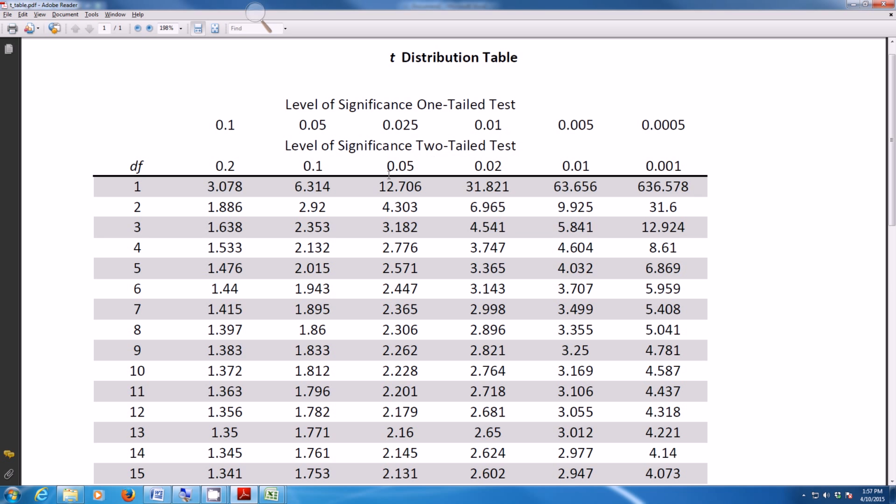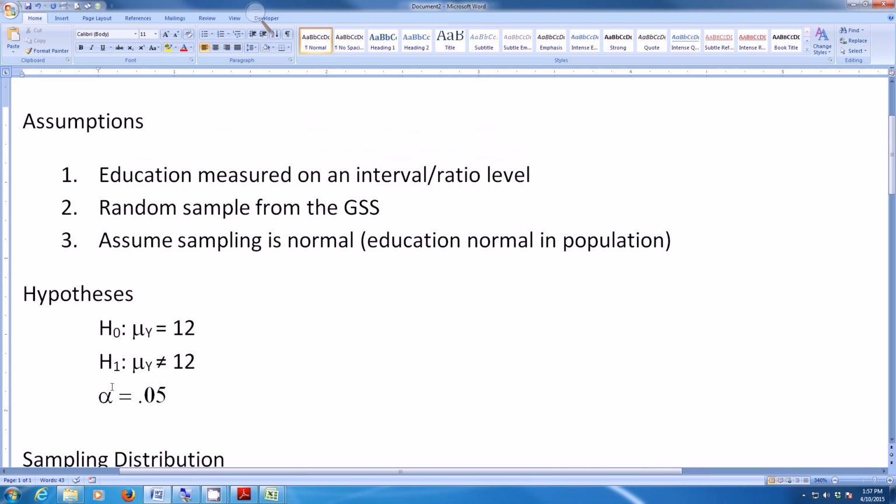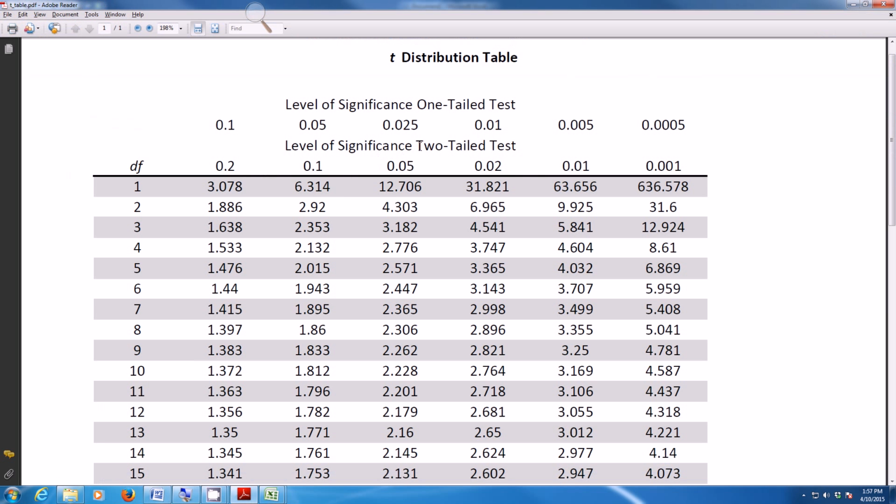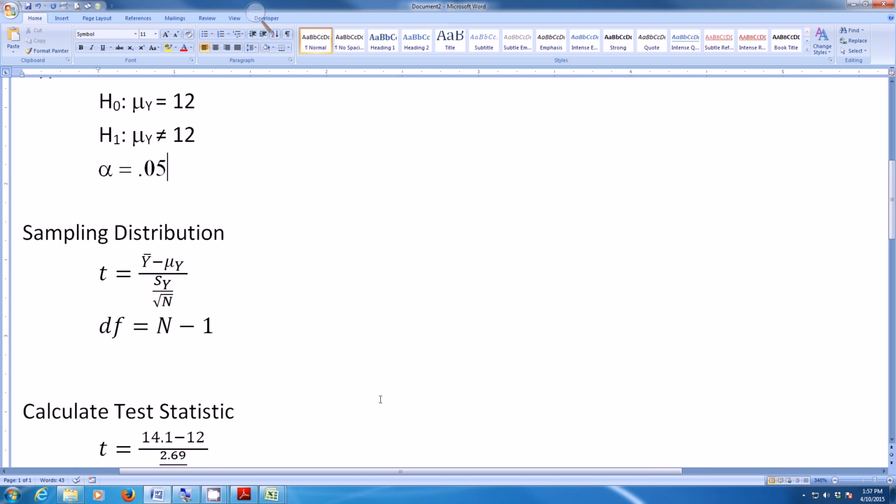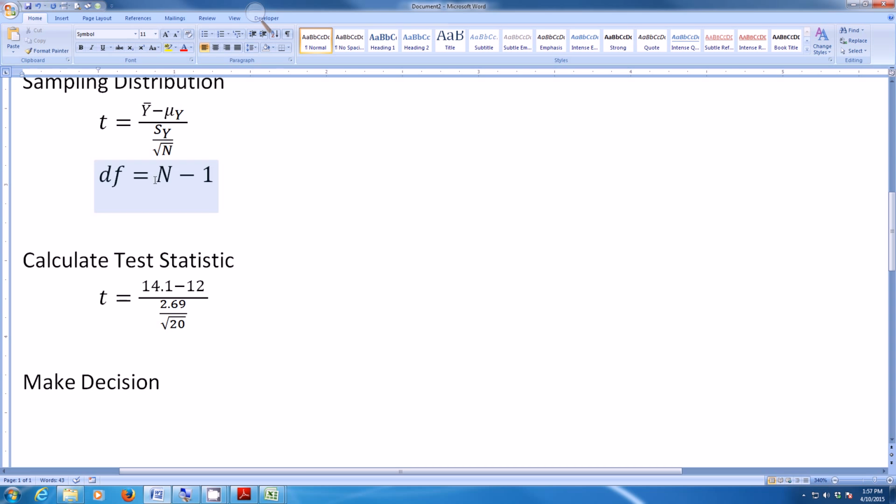Okay, so which of these alpha levels should we choose? Well, again, going back to our hypotheses, remember that we said that we're going to choose an alpha level of 0.05. And so we're going to be looking at a two-tailed test, 0.05 alpha level. But which of these values should we choose? Well, we have to figure out our degrees of freedom. And so recall that degrees of freedom are calculated as the number of cases, n, minus 1.